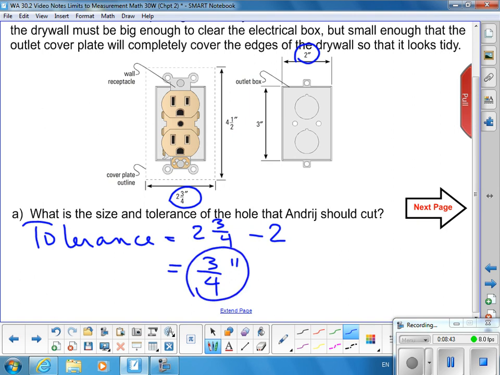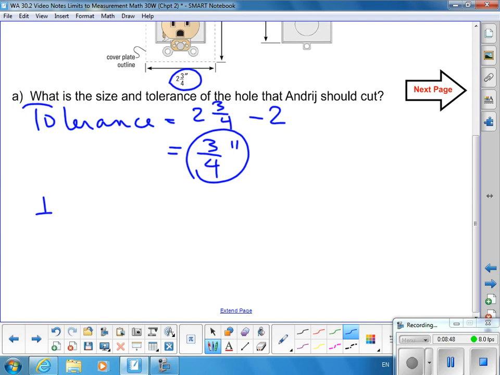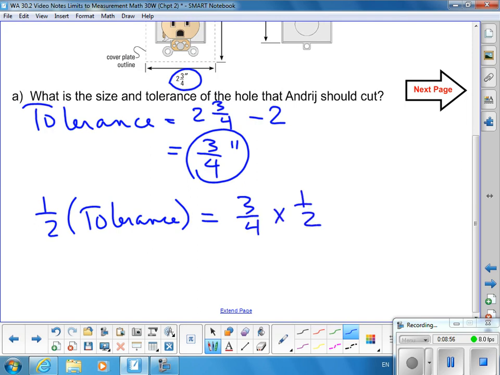Okay, the acceptable range. To get the plus minus range, it's half the tolerance. So we need 3/4 of an inch times a half. When we multiply fractions, you multiply straight across, so you have 3/8 of an inch is how much your range could be.